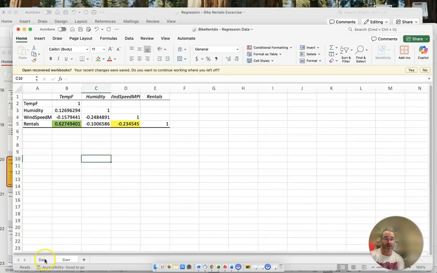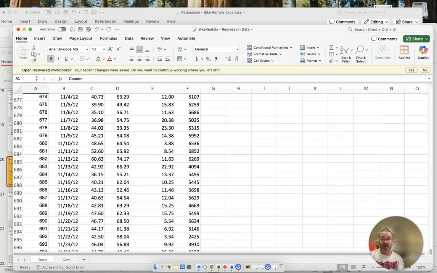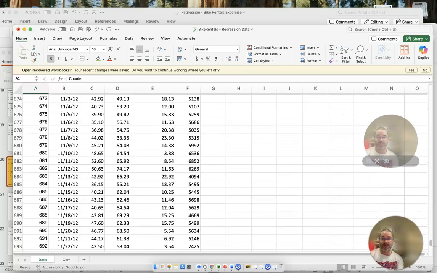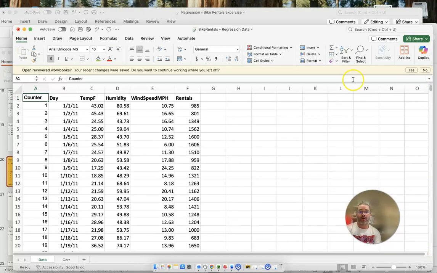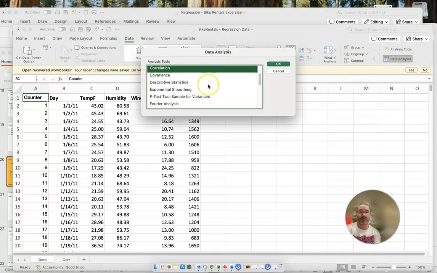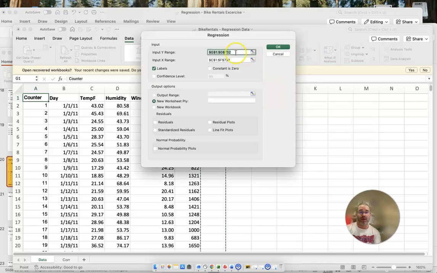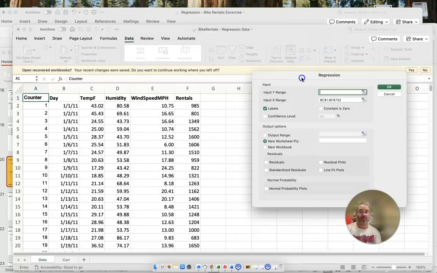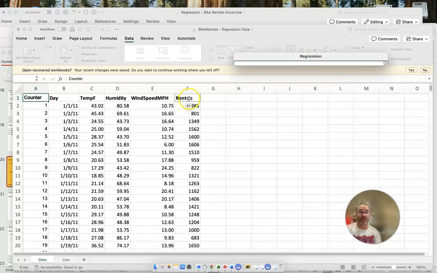Okay, so in order to do this, we need to now run a regression analysis, and we can use the same data set as before. I'm going to go back to data analysis, and this time regression. And we're just going to run a regression analysis using, right, here's the y range. So y is our dependent variable, or rentals.